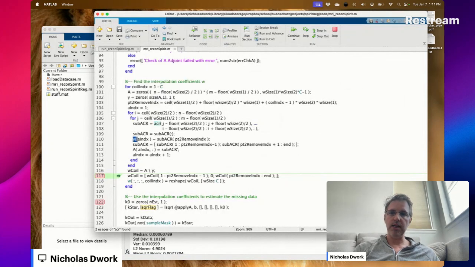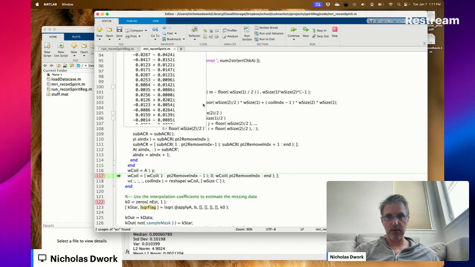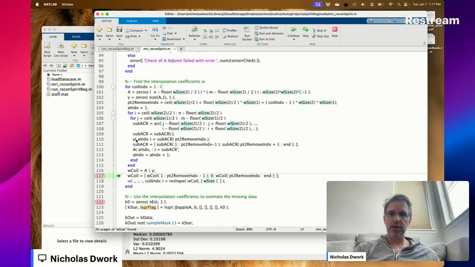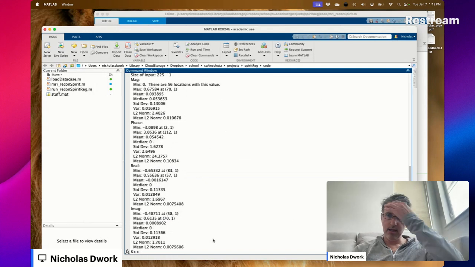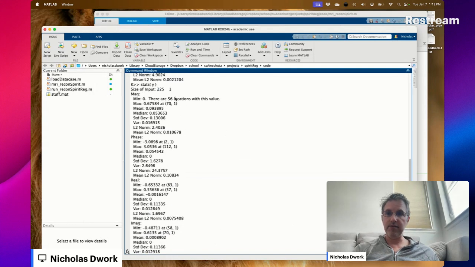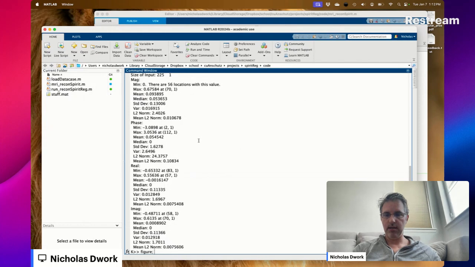Since Y is made up only of places inside sub ACR, and sub ACR is of course just a portion of ACR, there shouldn't be any values of Y that are totally 0. And yet, if I look at the stats of Y, there are 56 locations that are 0.